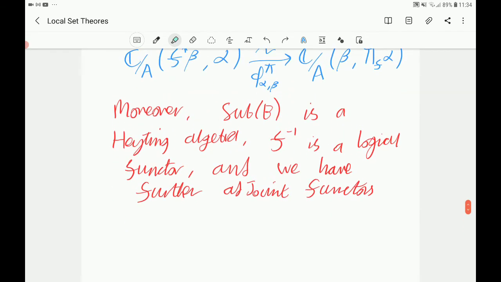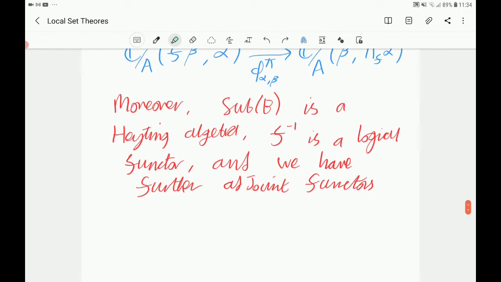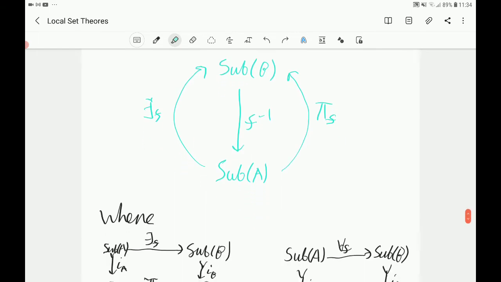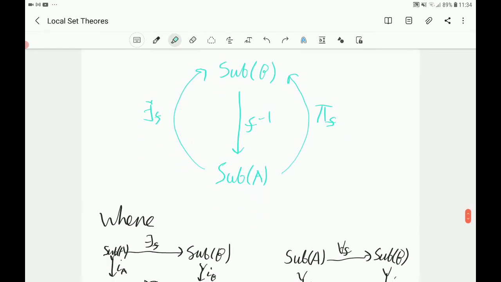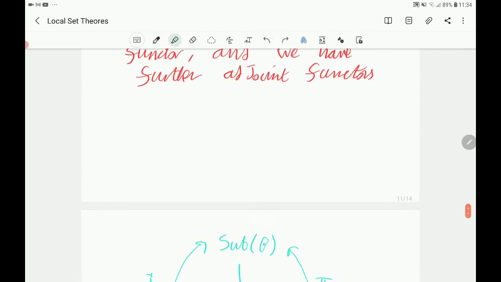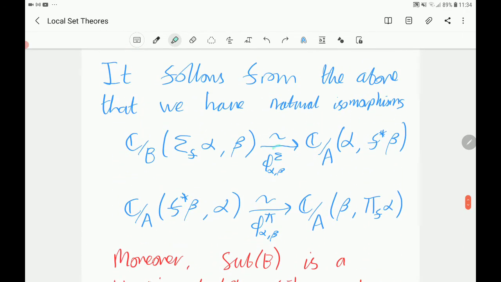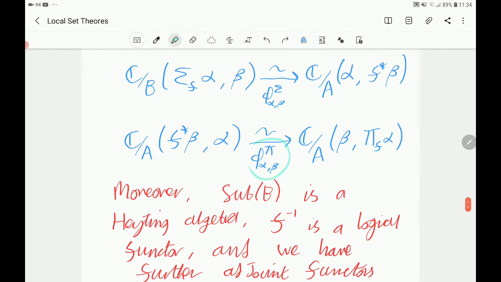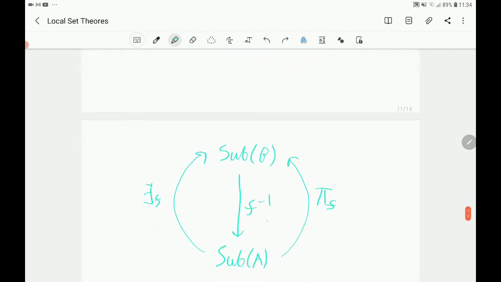But anyway, like I say, we can restrict all this to what's happening on monics, and then f to the minus 1 has left and right adjoints like this. And I think this adjunction is just going to be given by the restriction of this operating on the monics, and similarly restricting this to operate on the monics gives us our other adjunction, and these give us our existential and universal quantifiers.